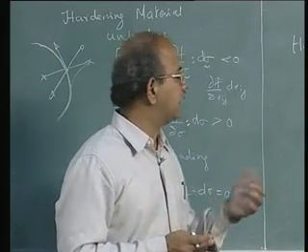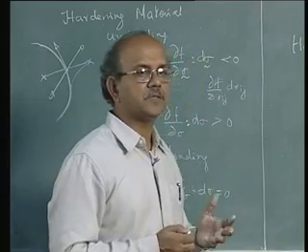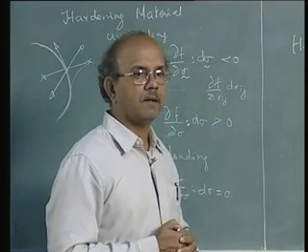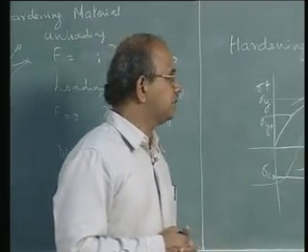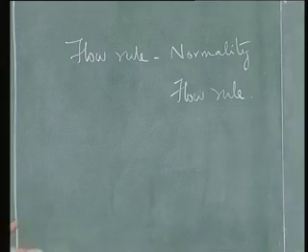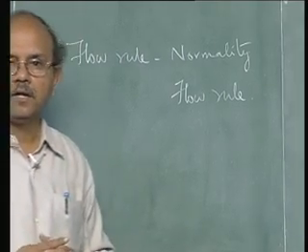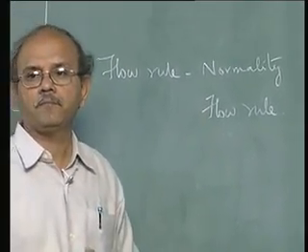So I have to calculate what is, say, delta epsilon ij p. There have been a lot of efforts in the mid 40s to 50s as to how this can be expressed.